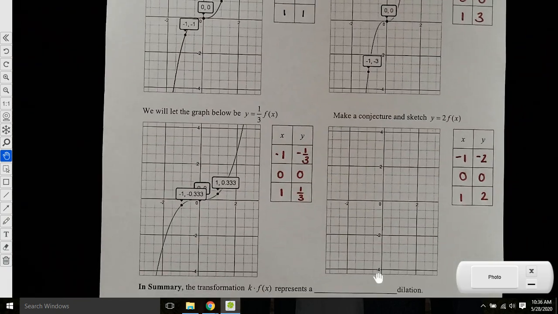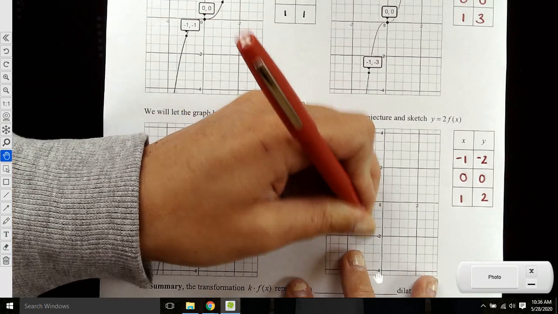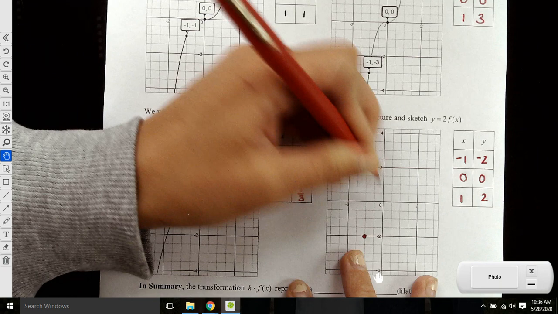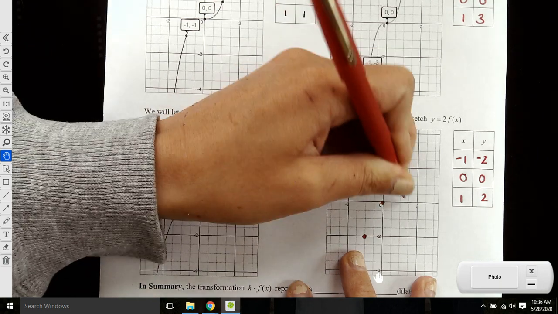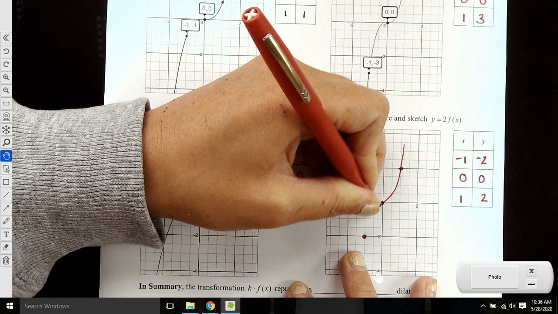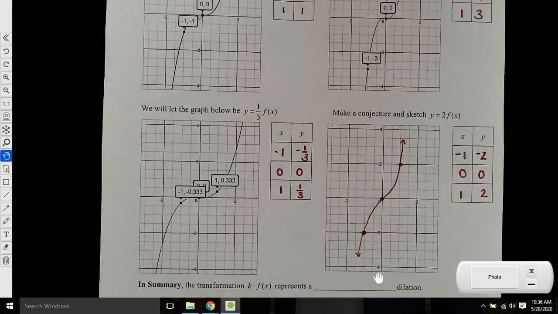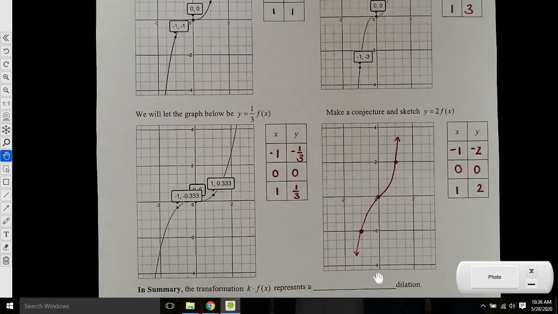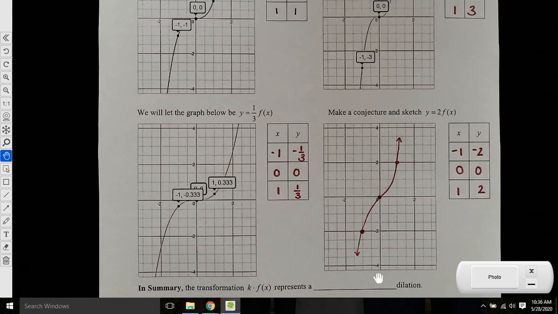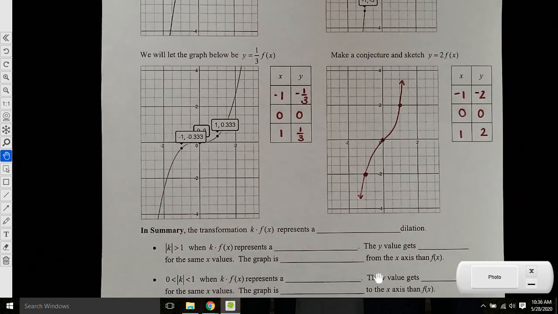So I'm going to sketch those points: -1, -2, 0, 0, and 1, 2. So this is what it would look like. As you can see, when you multiply a function by a coefficient or constant, what happens is you have what's called a vertical dilation.